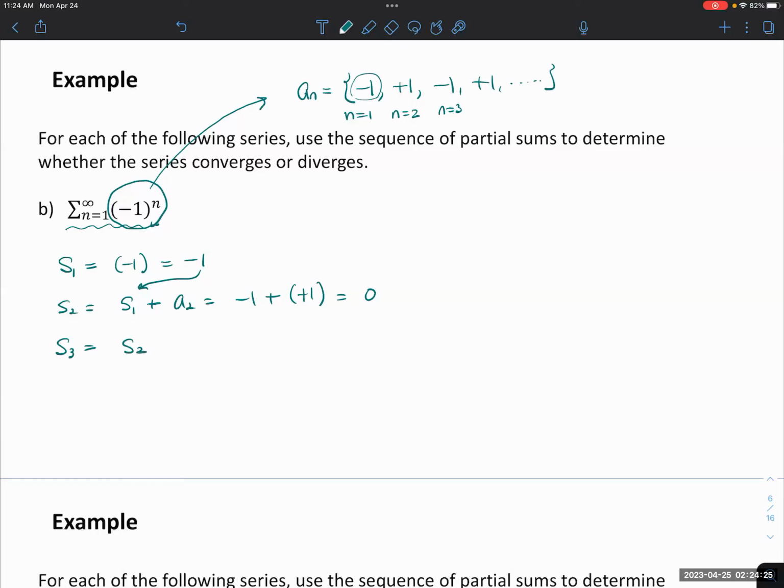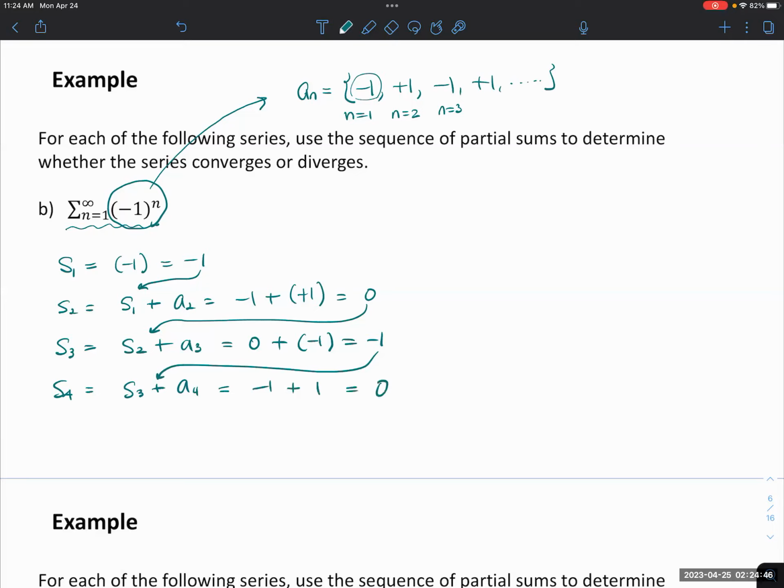S3 is S2 plus A3. We already know S2 is 0, A3 is -1. So -1. Keep going. S4 is S3 plus A4. We found out S3 is -1, plus A4 which is 1. Oh, we're going back to 0.